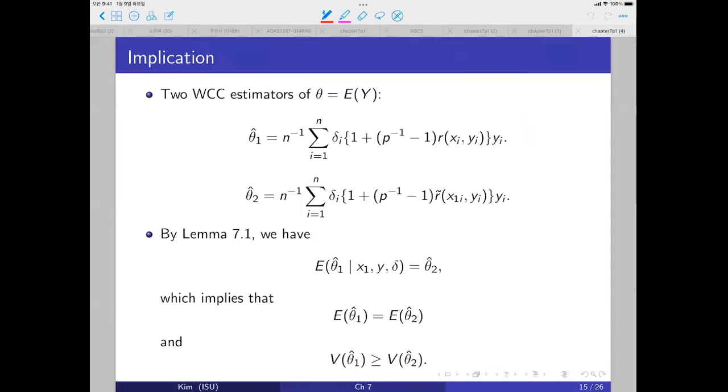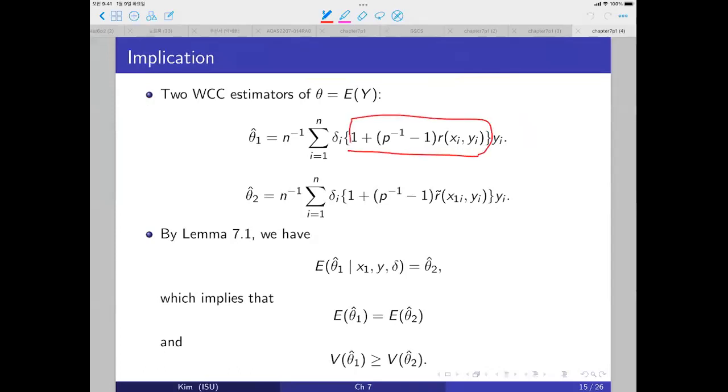One is, so let's forget about the denominator. Let's just look at the numerator. And then we have two choices. One is using the original full model. The other one is, so what am I doing here?